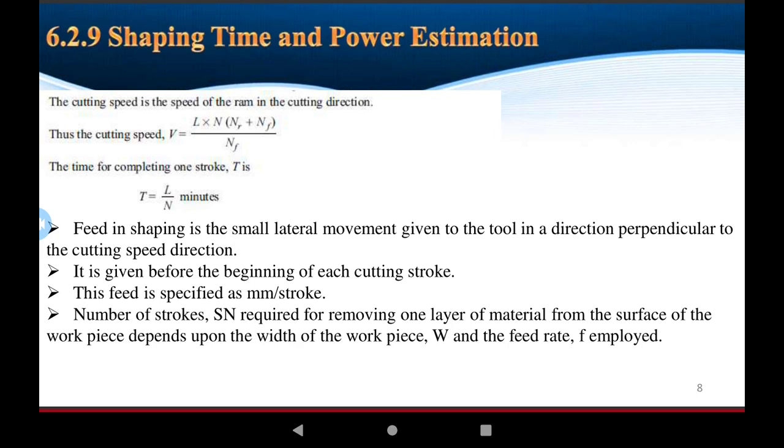Some of the assumption values increase or decrease depending upon the properties of the materials.